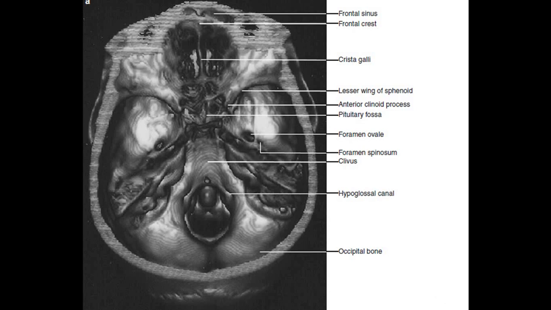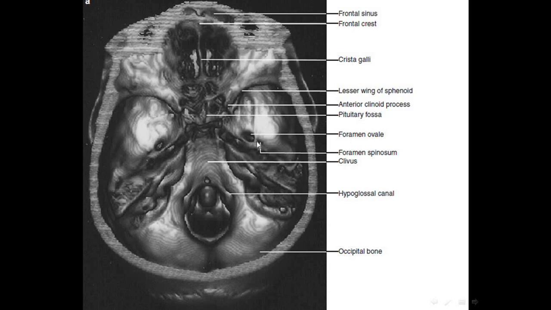This is an inferior view of the skull base. So here we can see the frontal sinus, crista galli of ethmoid, the lesser wing of the sphenoid bone, the anterior clinoid process, and the pituitary fossa.